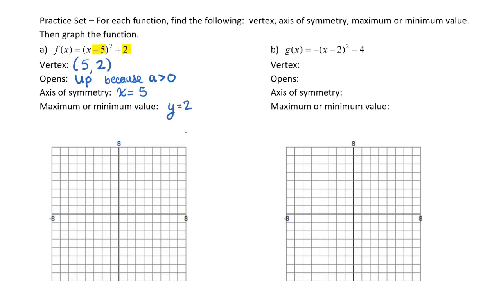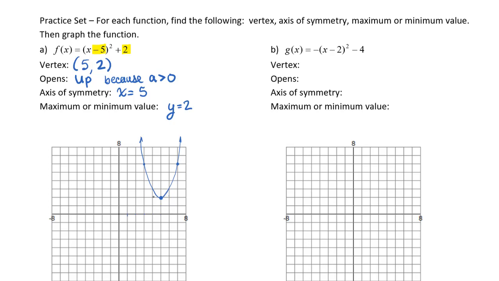Let's go ahead and graph this. We have a vertex at 5 and up 2, over 5 and up 2 from the origin. We know that it opens upwards. And we know that it has the standard shape of a standard parabola.